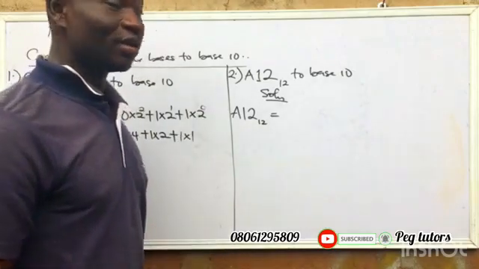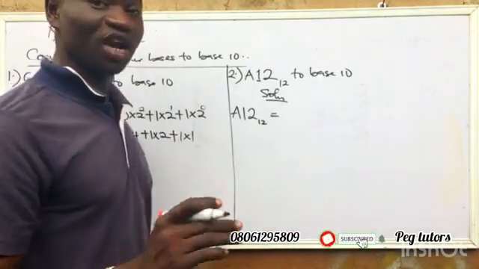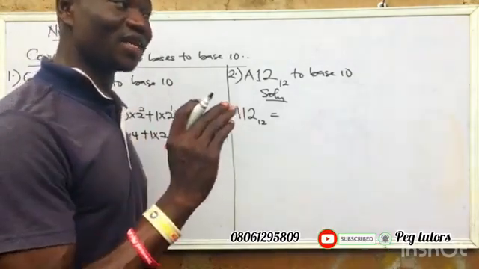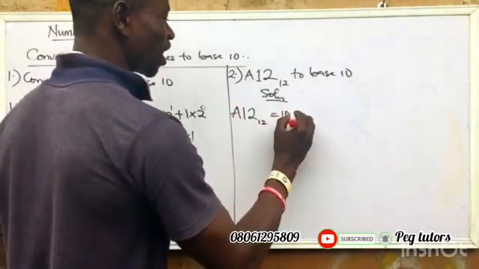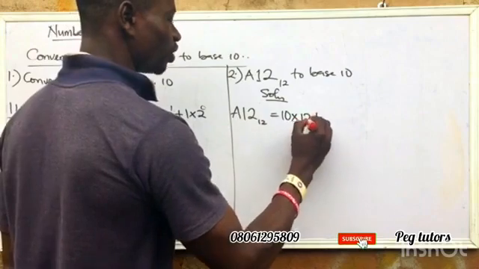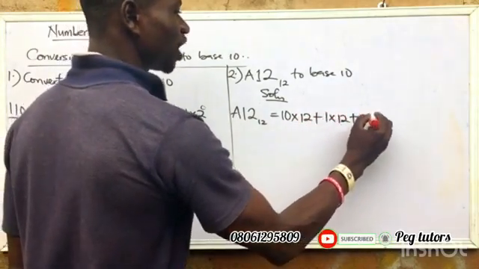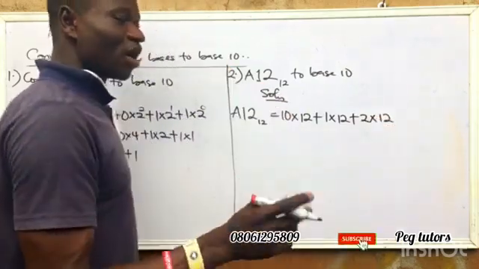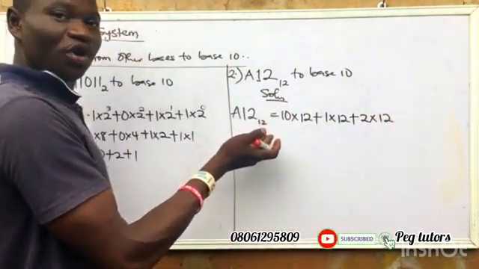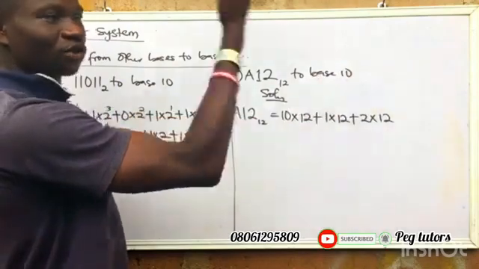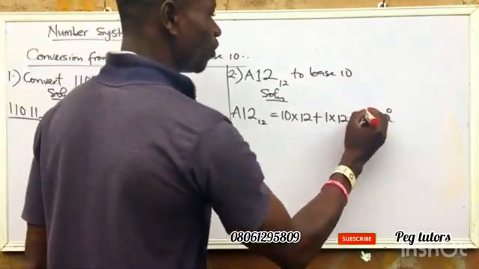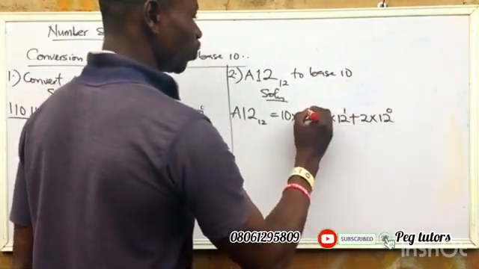We said numbers beyond 9 we represent with alphabets, so starting from 10, A is 10. So you can come here and say 10 times 12, plus 1 times 12, then plus 2 times 12 again. Remember our numbering of powers is from right to left, so you have 0, 1, 2.